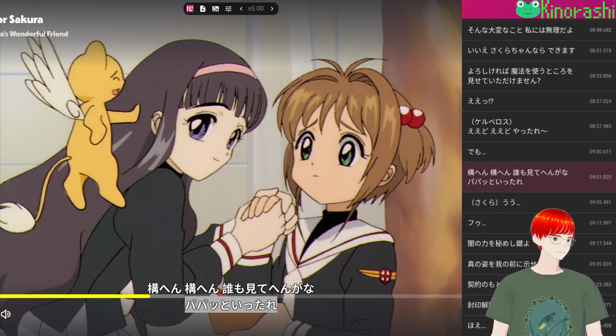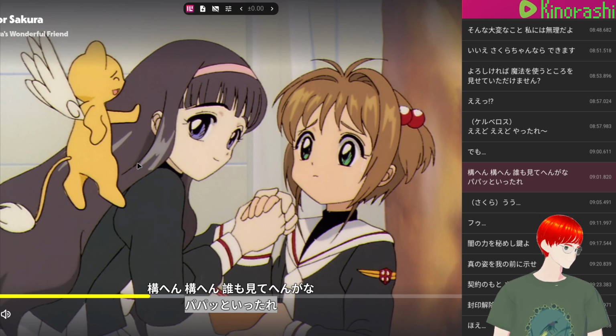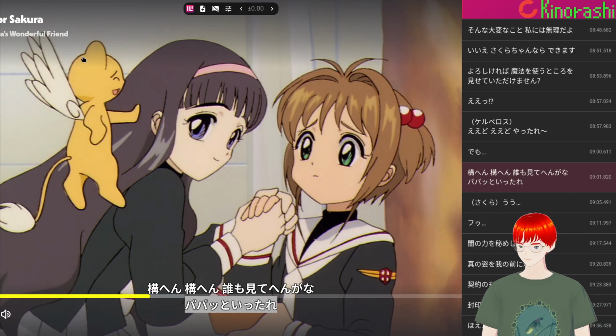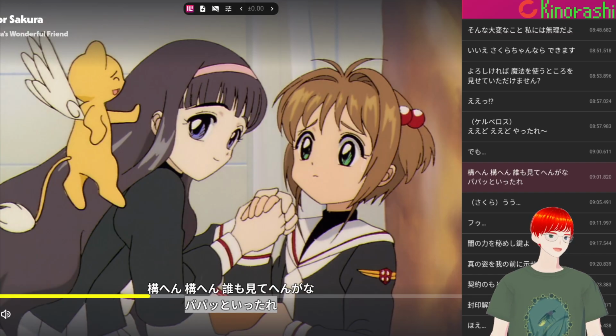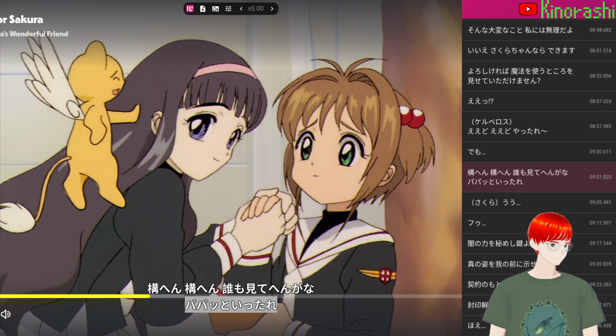Maybe change that to ra on the end and see if it can understand it better. Another word for quickly, iki, let's see. Quickly. Uni, let's try that.